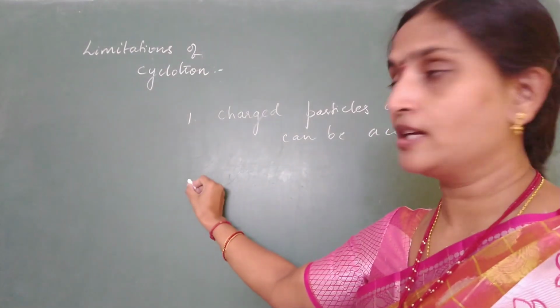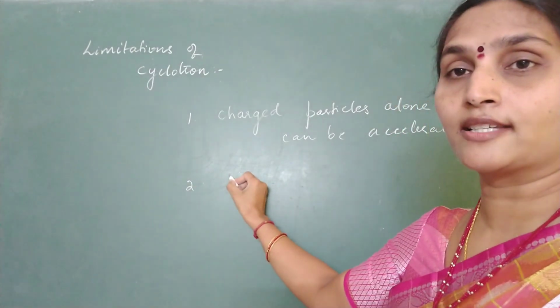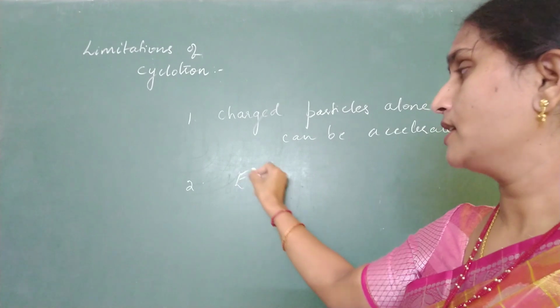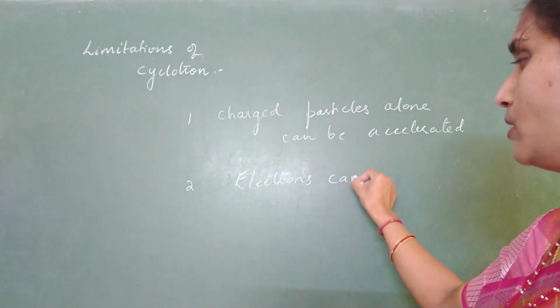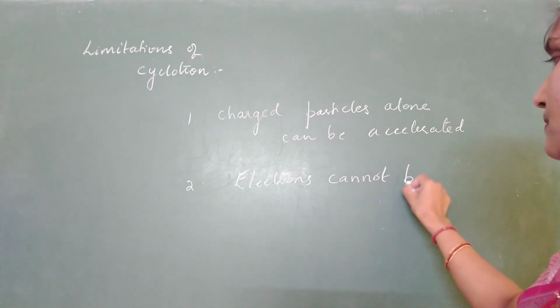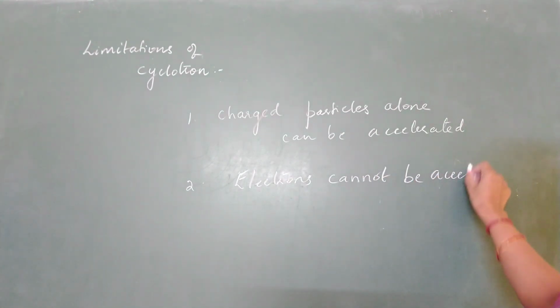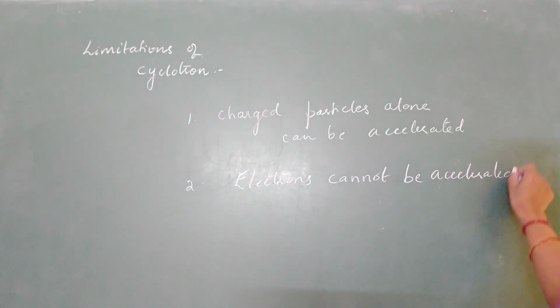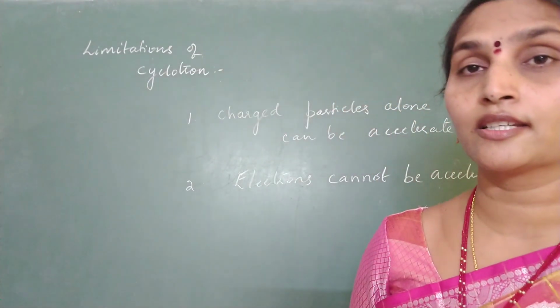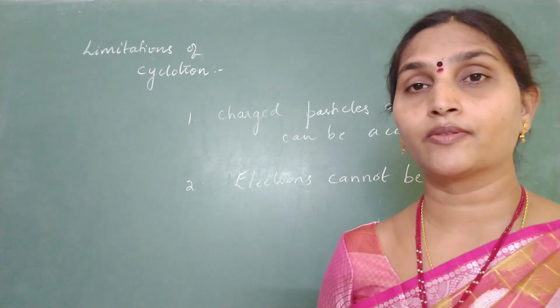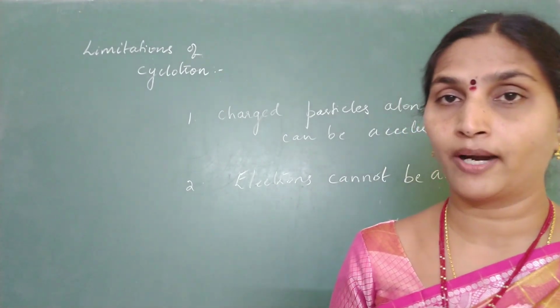Now the second limitation is we cannot accelerate electrons. Electrons cannot be accelerated. Let us look into the reason why electrons cannot be accelerated in a cyclotron, in spite of our knowing that an electron is a charged particle.